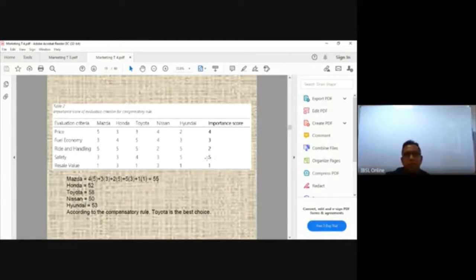Safety has the highest. 5 has been given for safety. Then 4 has been given for price. Fuel economy 3, ride and handling 2, and resale value 1.